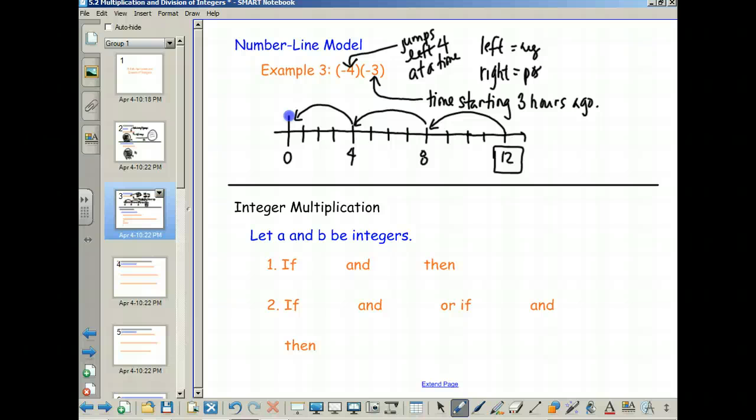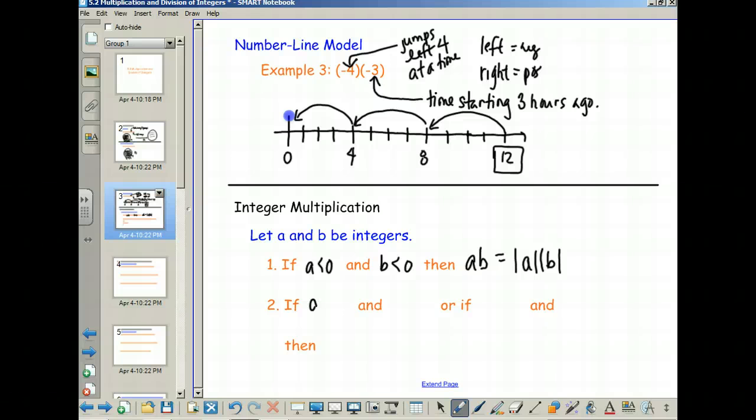All right, now we're going to take a look at what the actual definition for multiplication does for us. We've defined multiplication for whole numbers, so it's really the negative issue, combining a negative number and a positive number, that we're going to be looking at. The first one is if A and B are integers, and A is negative and B is negative, then when we multiply A times B, this is the same thing as taking the absolute value of A times the absolute value of B. Hence, it becomes positive.